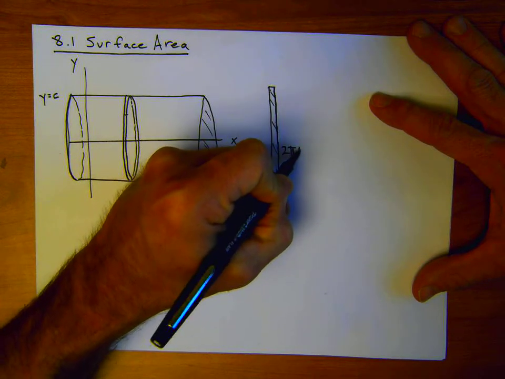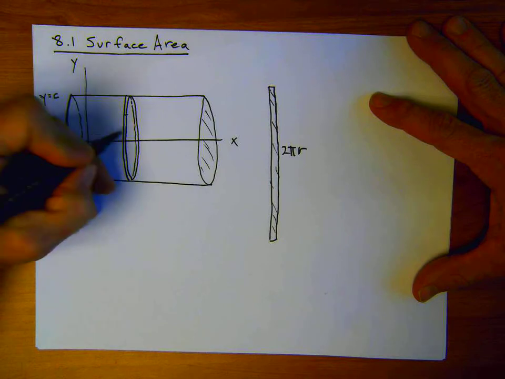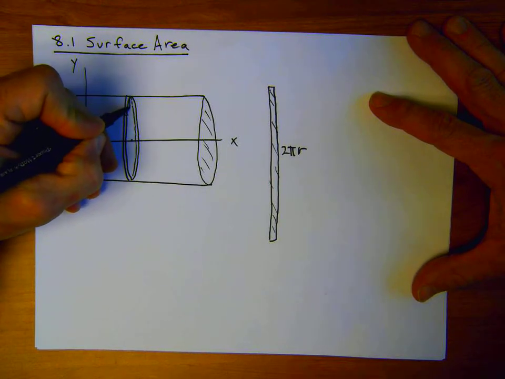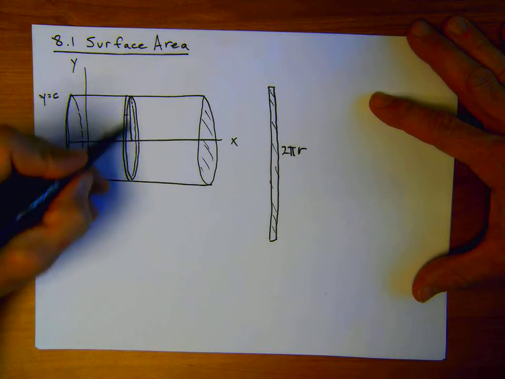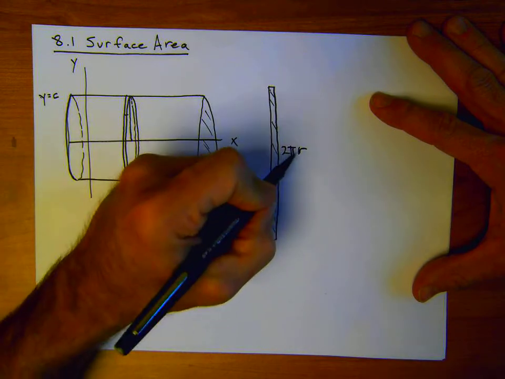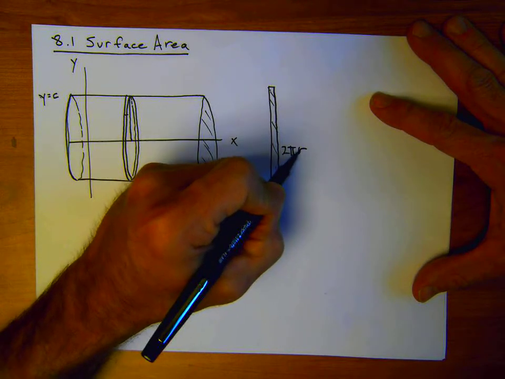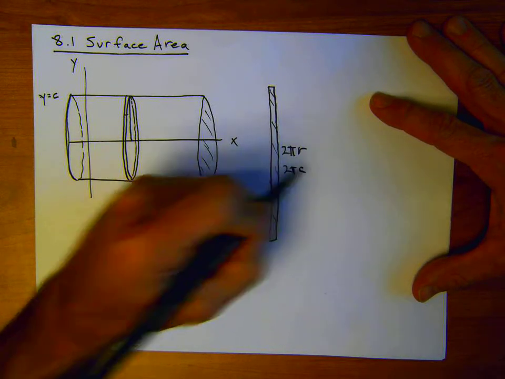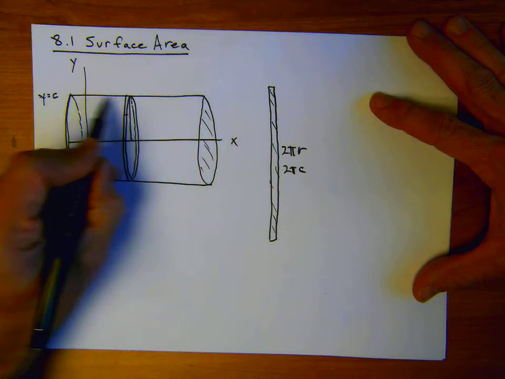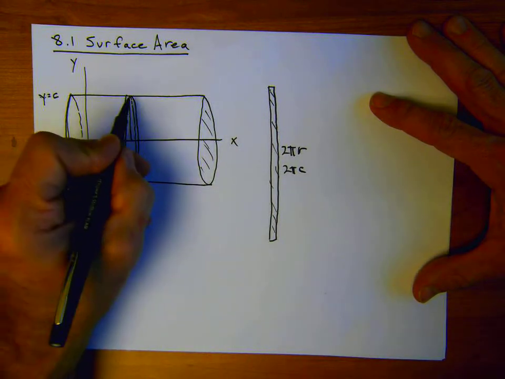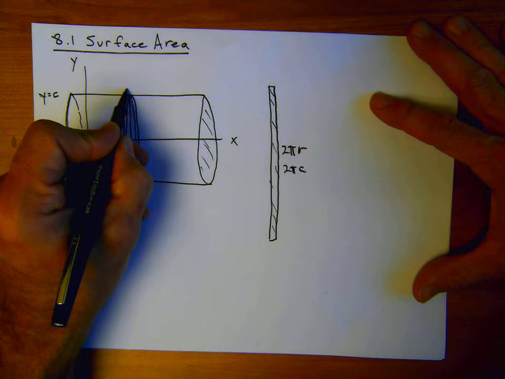But notice y equals c, that actually is our radius. So it's actually 2 pi c, whatever this constant is, that's what our radius is. And along here, we can just call that L, the length.